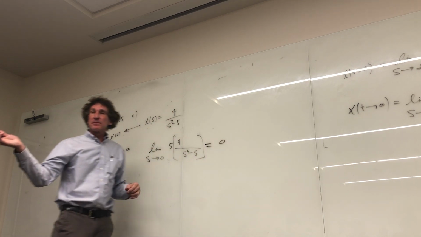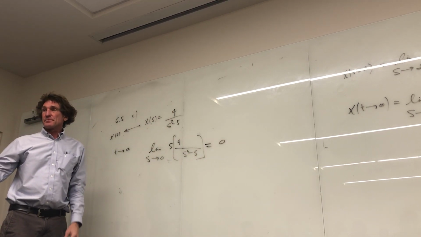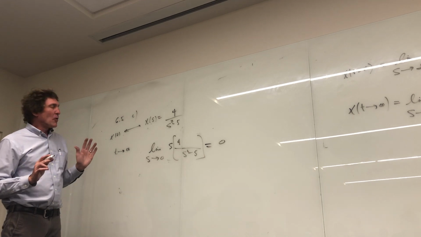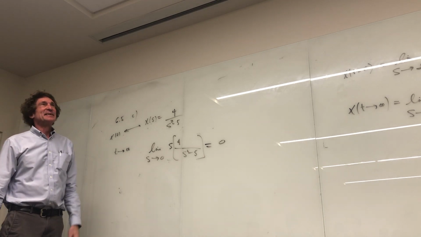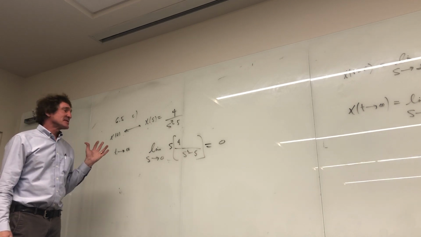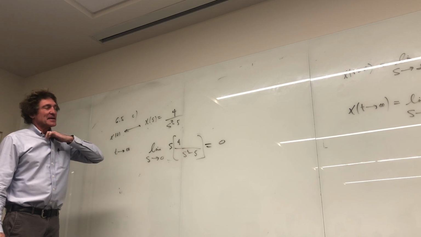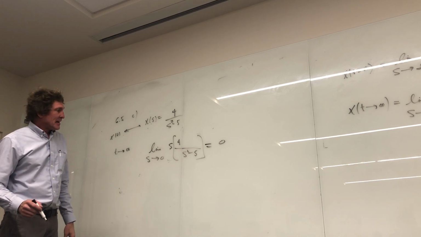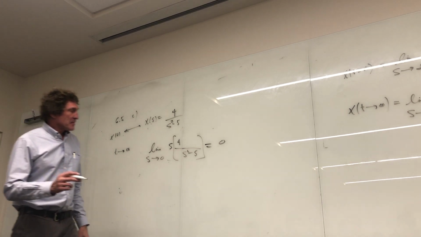Is that the answer in the book or in the solutions? It says no stable value. Wait a second. Okay. I'm sorry, I didn't get to this. The reason it's unstable. Excuse me.